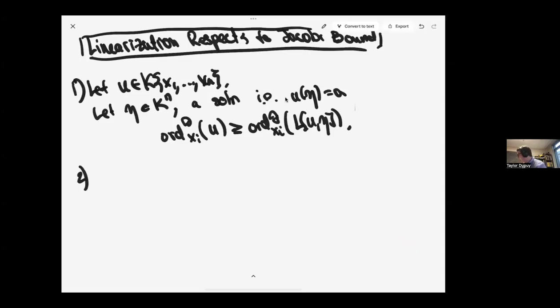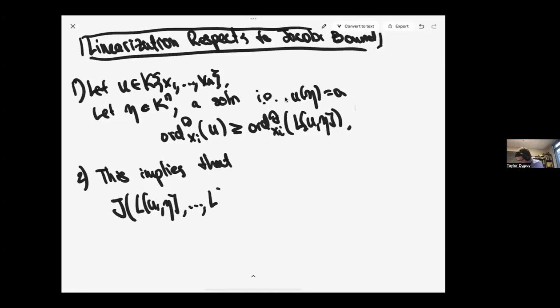And so, okay, this implies the Jacobi bound of the linearization, right? And generally, if you linearize the system, L of U1 eta, L of UN eta, this is less than or equal to the Jacobi bound of U1 up to UN.